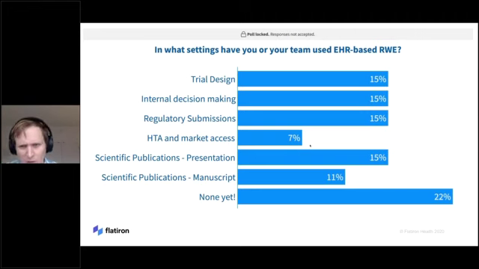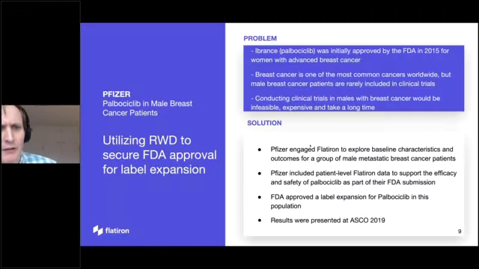Great. So then I wanted to jump into examples of how RWD at Flatiron has been used in a couple settings. The first one I want to talk through is label expansion. This is particularly useful where there's potentially off-label use of drugs, but not necessarily yet an FDA approval.